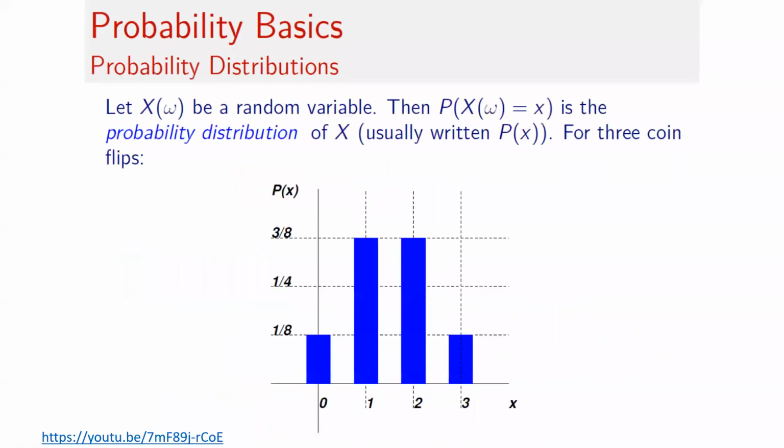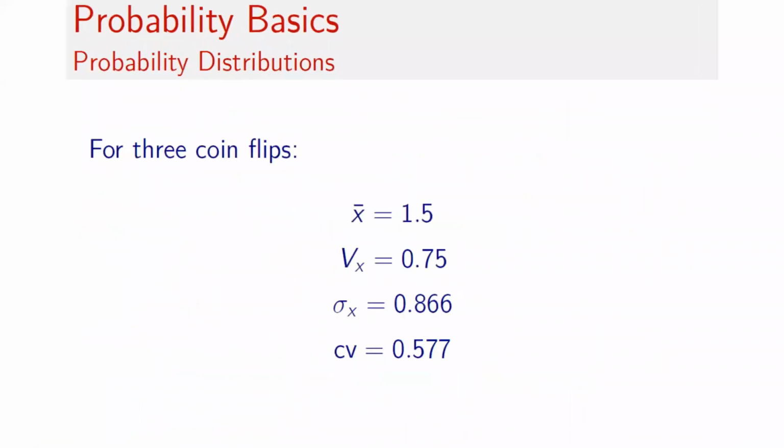And for the 3 coins example, if we throw the coins, the average number of heads is 1.5.